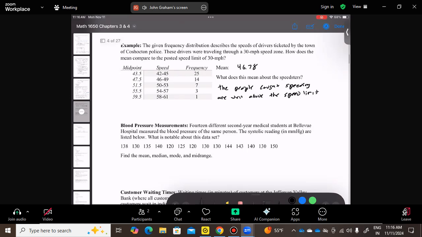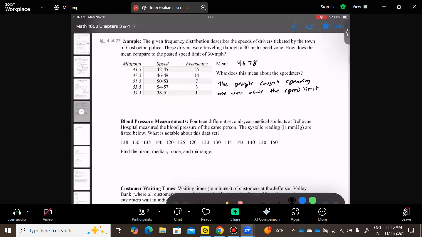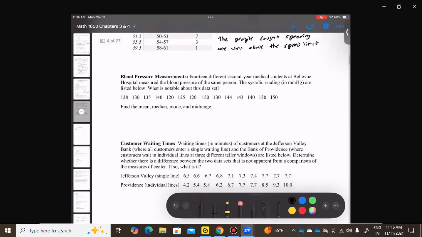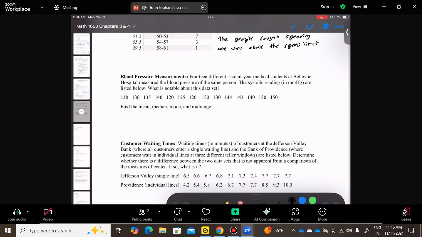So now let's look at blood pressure measurement. We have 14 different second year med school students at Bellevue Hospital. They measure the blood pressure of the same person, and the readings are listed below. Right. We're going to type this data in.